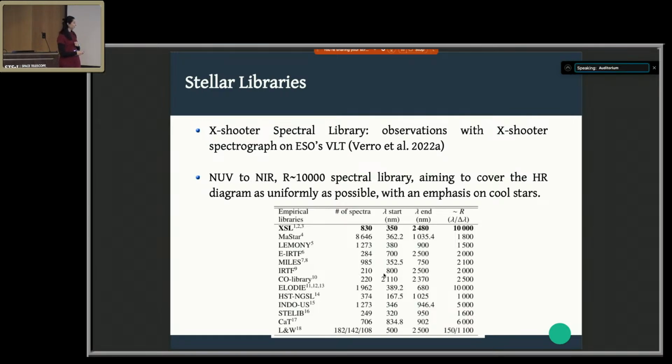For extragalactic people, this is really high resolution. I know for stellar people this is not, but for extragalactic, this is high resolution. The coverage in wavelength is very good, and when you compare to all the other ones, it's really hard to beat this. And why am I telling this?